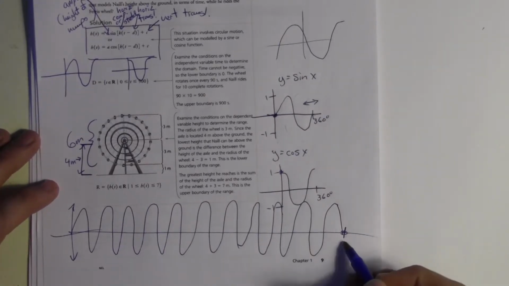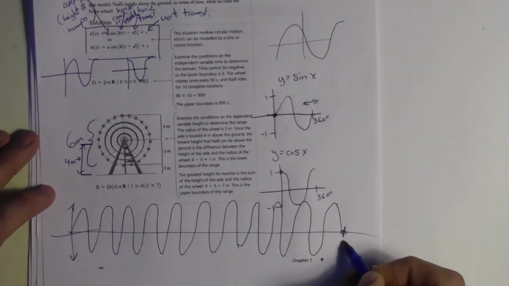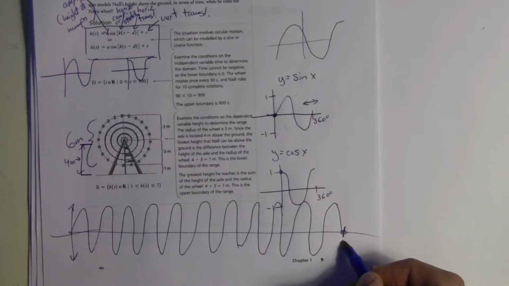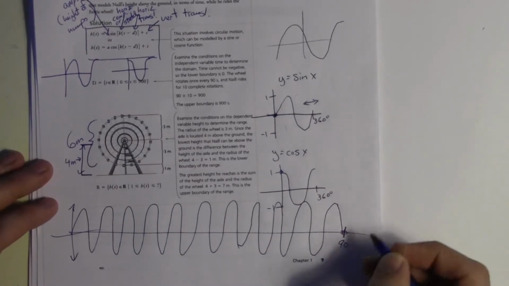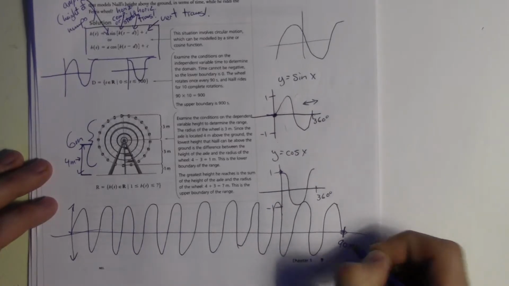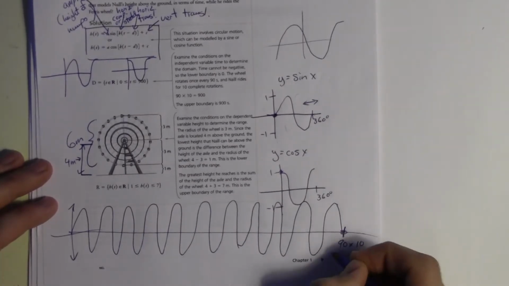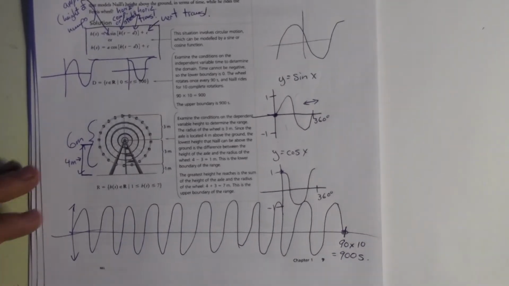All right. So what's here? What's all the way here? How long has it been at this point? 90 times 10. Good. 90, because it takes 90 seconds for one round, so we have 900 seconds here. Okay, so that's the total length of time that he's on it. So first it says, what are the domain?